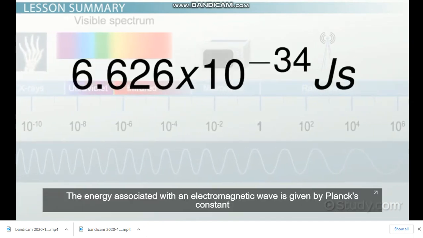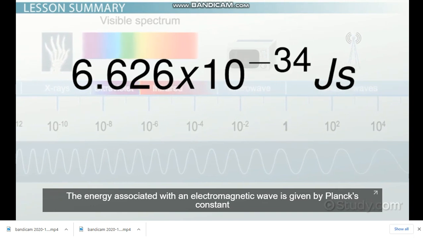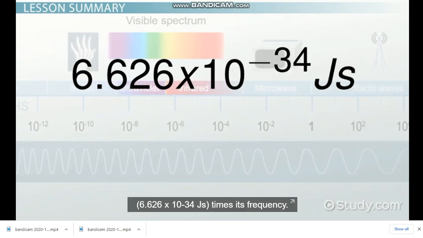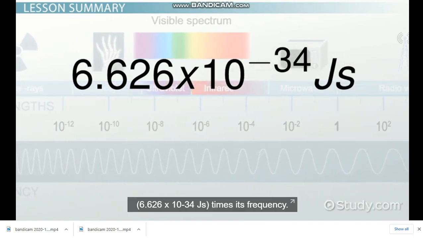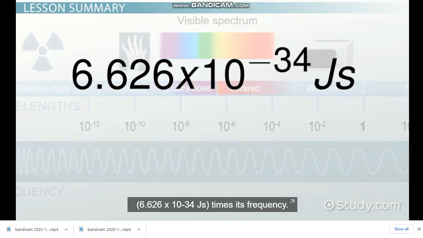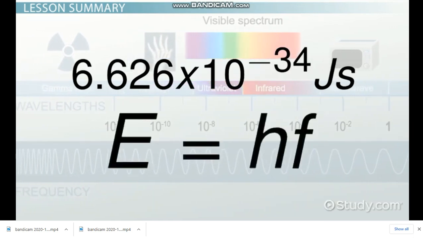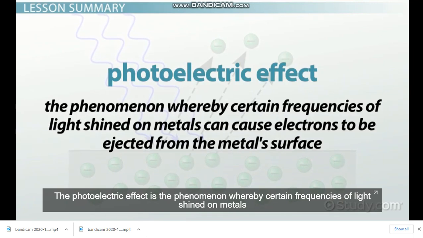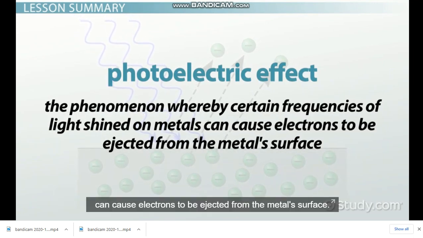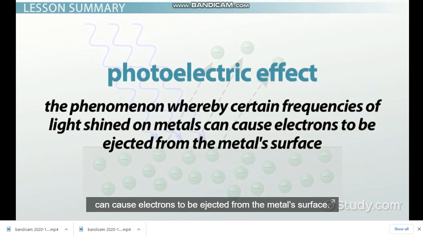The energy associated with an electromagnetic wave is given by Planck's constant, 6.626 times 10 to the negative 34 Js, times its frequency. E equals Hf. The photoelectric effect is the phenomenon whereby certain frequencies of light shined on metals can cause electrons to be ejected from the metal surface.